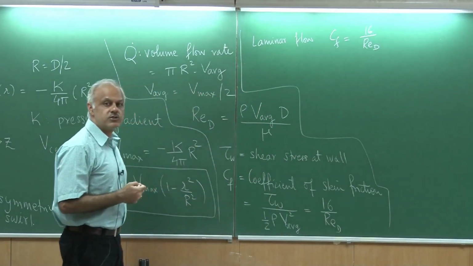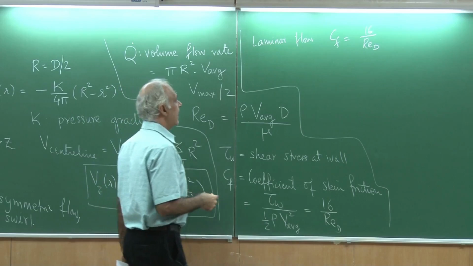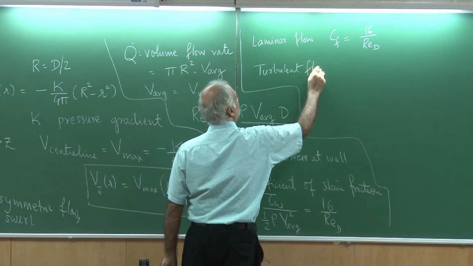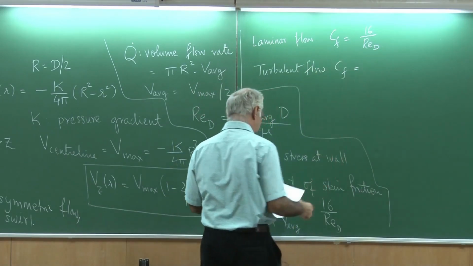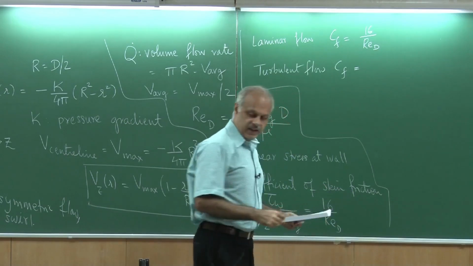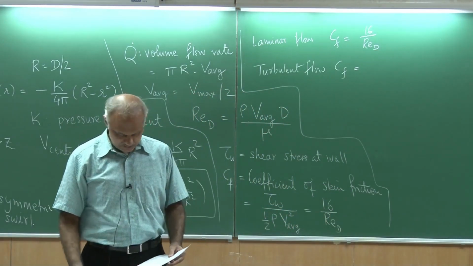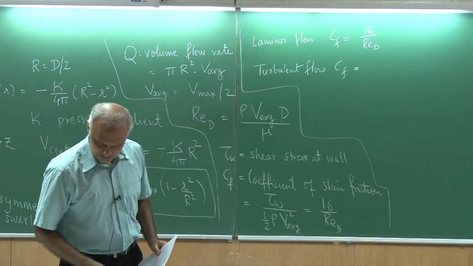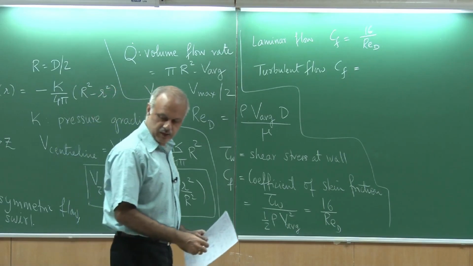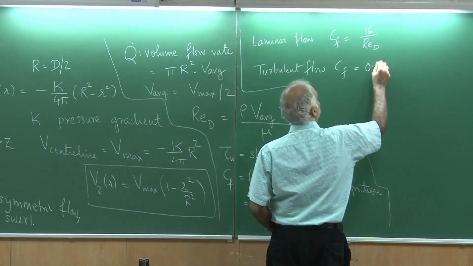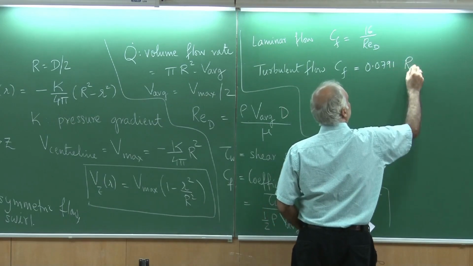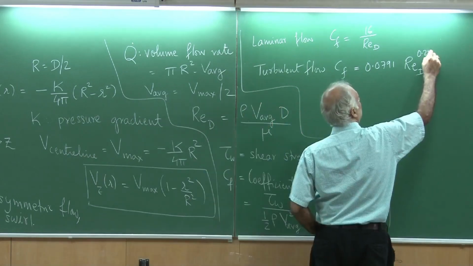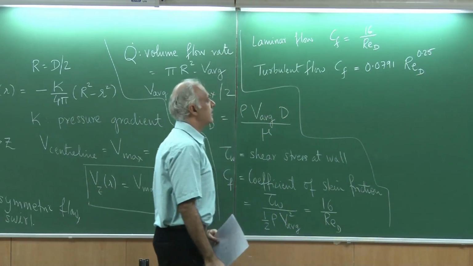And I had also mentioned to you in the same lecture that for turbulent flow, people have estimated Cf, and that value turned out to be a certain relationship, which is essentially 0.0791 times Re raised to the power of minus 0.2.